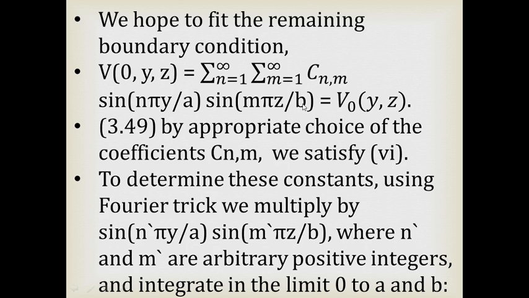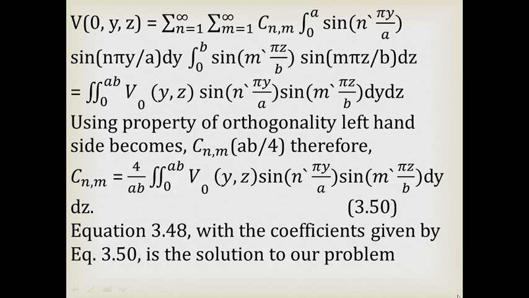To determine this constant using the Fourier trick, we must multiply both sides of this equation, left side and right side, by sine n dash pi y upon a, sine m dash pi z upon b, where n dash and m dash are arbitrary positive integers, and integrate from 0 to a as well as from 0 to b, and that way we can find out the coefficient C nm.